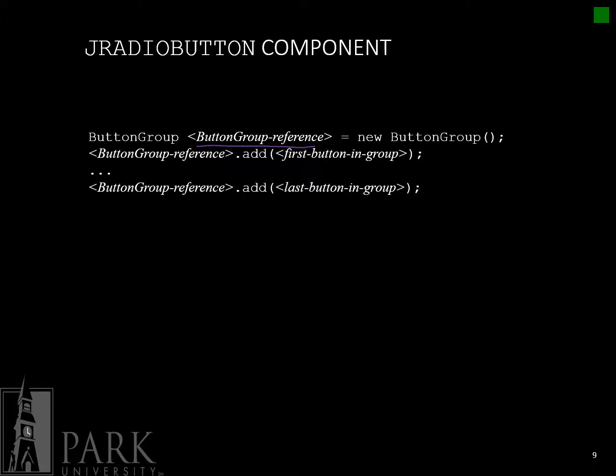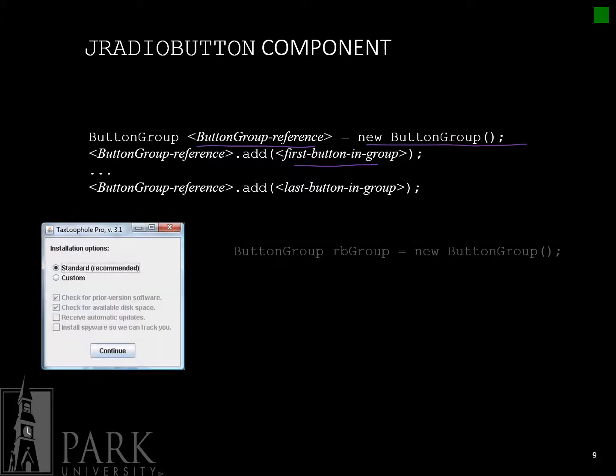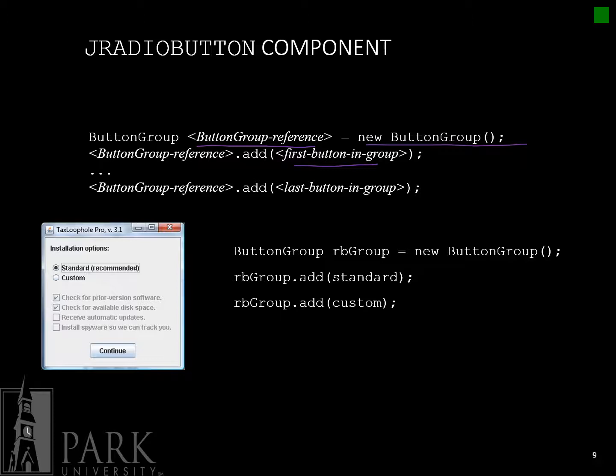It's a reference variable, and we create a new button group, and then we just simply call add on that, whatever we name that button group to be, and we pass in the button that we created beforehand. So in our previous example, we had the standard and custom buttons. So here we created the radio button group, and then we added in our standard and custom buttons.